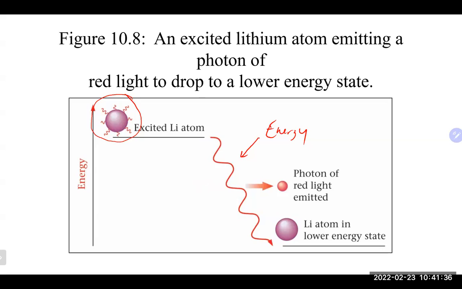So we would see red light being emitted in this situation. The release of that energy is going to allow that excited lithium atom to drop back down to a lower state of energy, a little bit more stable than where it was when it was excited.